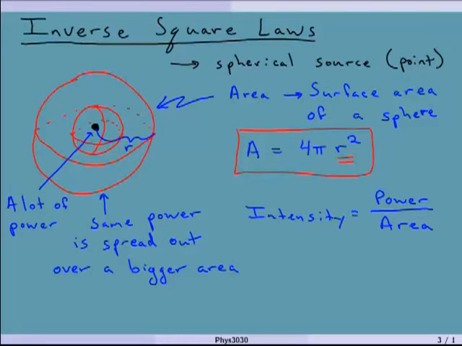And that is to say that the further away we are, the bigger the area we're dividing by. And notice that the area goes like r squared, so the intensity goes like 1 over r squared. Okay. So this is the idea behind these inverse squared laws. So it goes like the area of one of these spheres. As the sphere gets bigger and bigger, you're spreading out the power over more and more. It's the same thing as a wave.